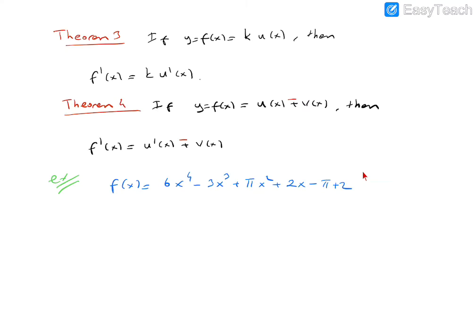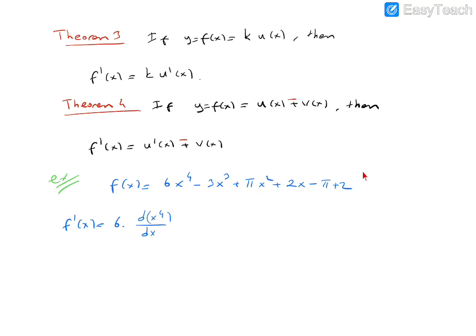For this function, you can easily calculate f prime. f prime of x equals: first you have a 6, a constant, so by using the constant multiple rule, 6 times the derivative of x to the power 4 with respect to x.